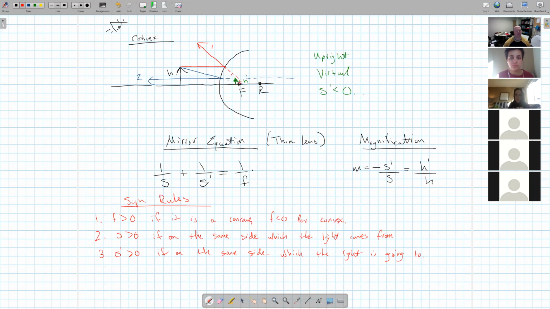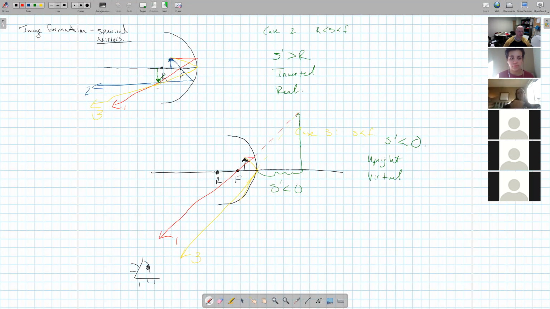So anywhere out in this region where the light is going to, that would be a positive S prime. But if it ends up on this side, then it has to be a negative S prime. So here, this is a positive S prime because the light is going to, so it's coming from the right to the left. But this one is negative because the light is going to the left, but the image itself is on the right. So this would be a negative S prime.